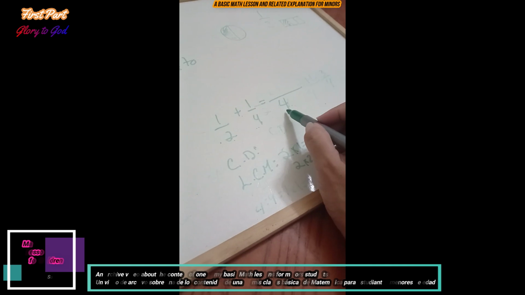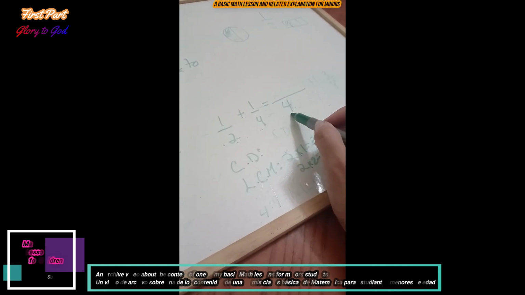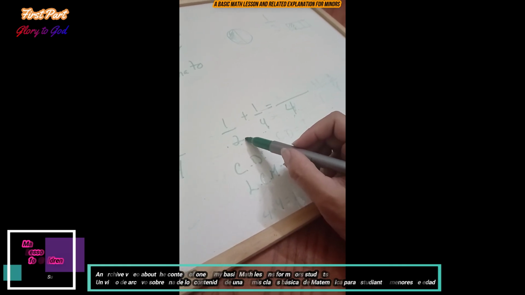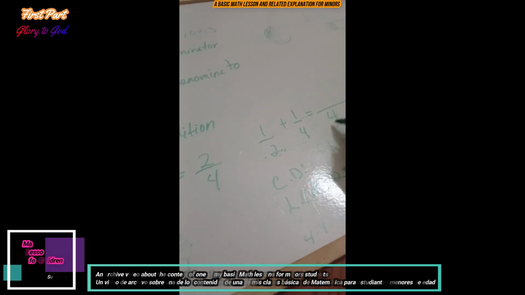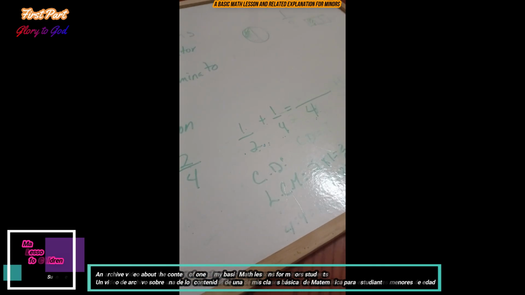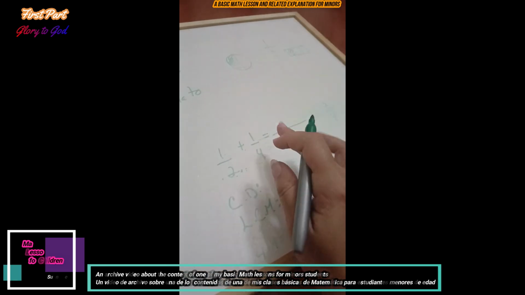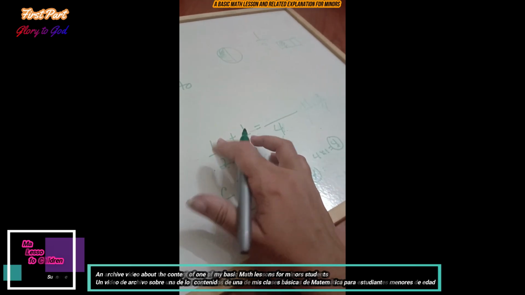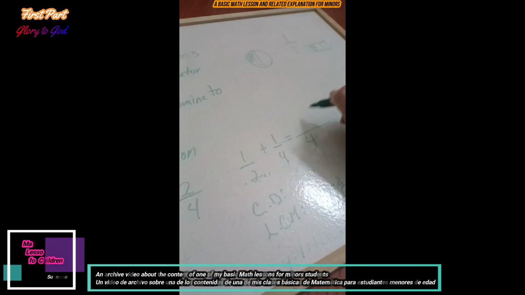Now this 4, you're going to divide by the denominator. You do 4 divided by 2, and the result you multiply by the top number like this. 4 divided by 2 equals 2. 2 multiplied by 1 equals 2, and you put it here.